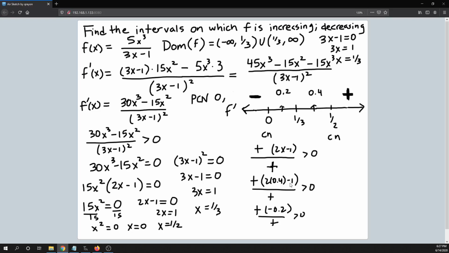So what I end up having is a positive and negative on top and a positive on the bottom. When I multiply all that out and simplify, it's going to come out to be a negative number, because a positive times a negative divided by a positive is going to wind up negative. So with the 0.4, this is going to be a minus up here.